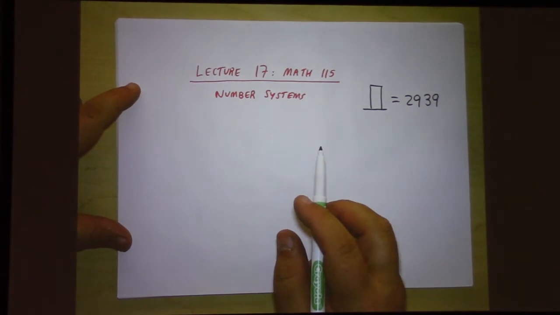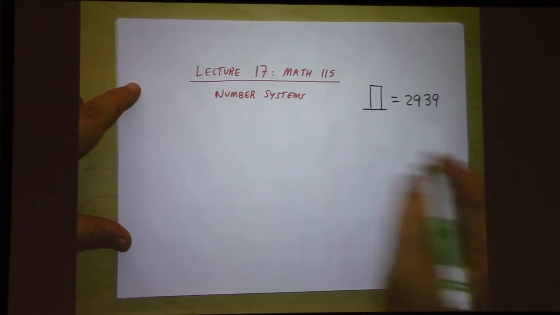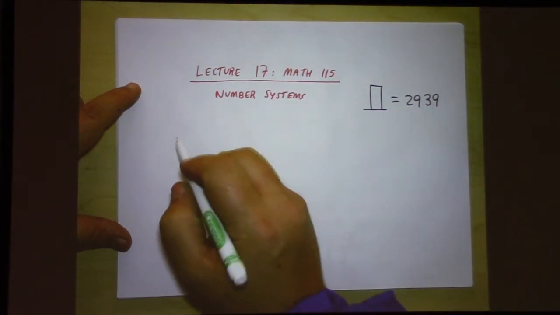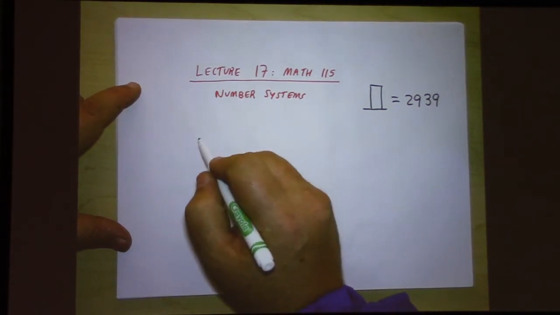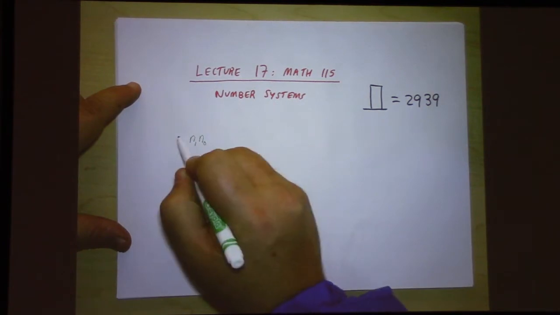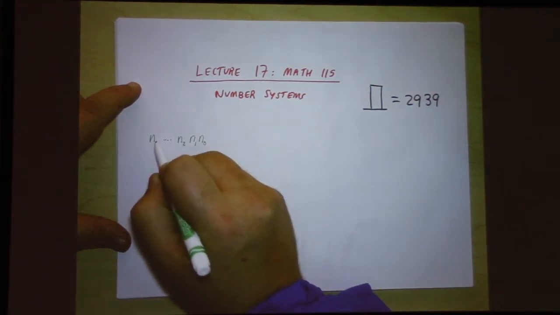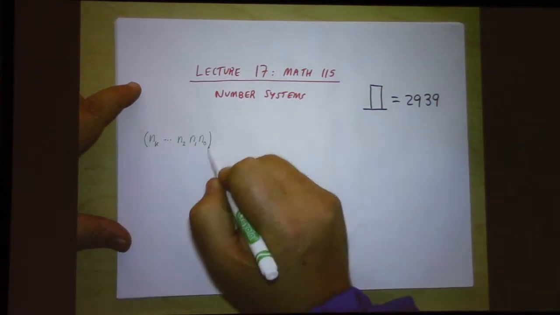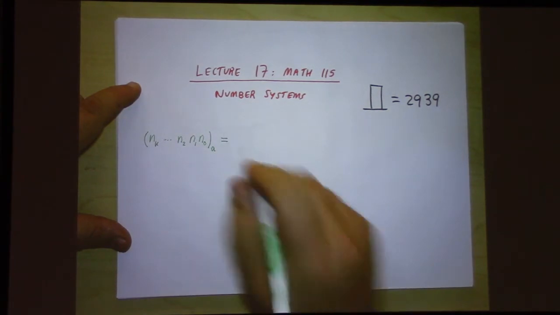Let's say base A. If I have a number like n0, n1, n2, dot, dot, dot, nk, and that number is base A, what that means.